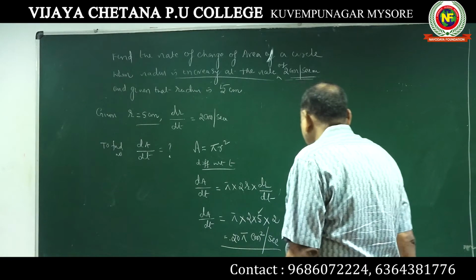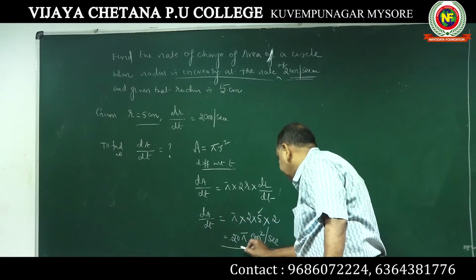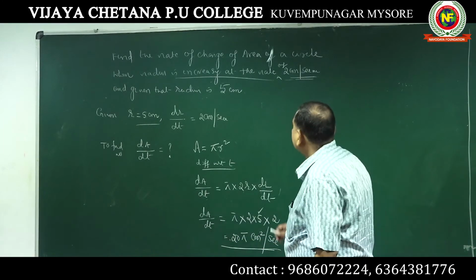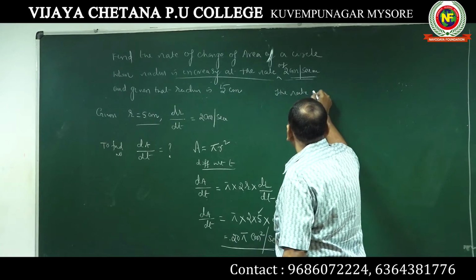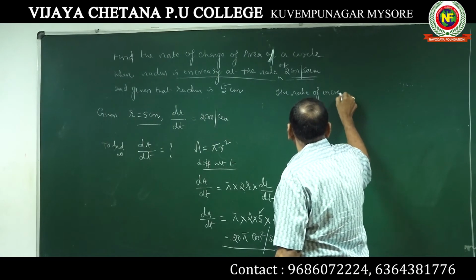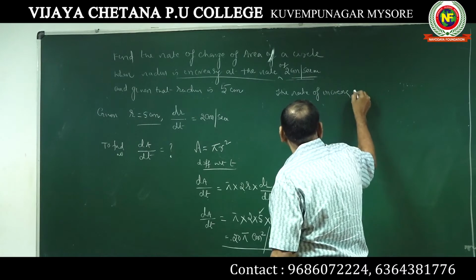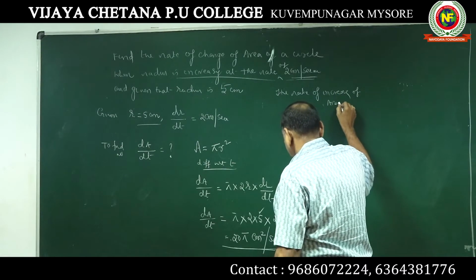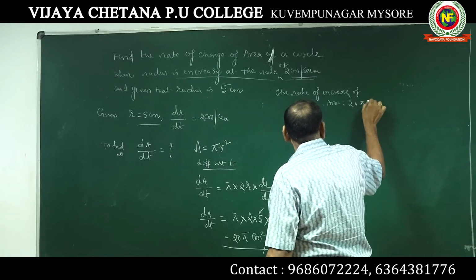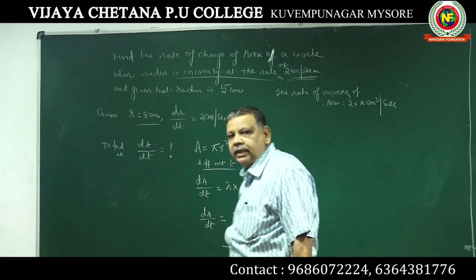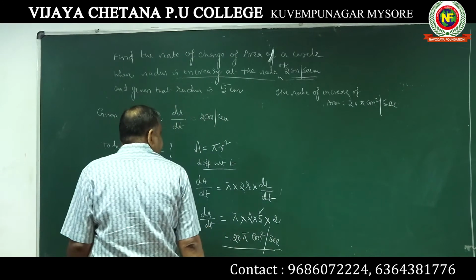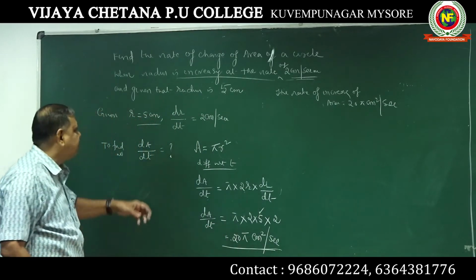Now it is centimeter square per second. Now you can write the rate of increase of area, because it is positive, is 20 pi centimeter square per second. That's all.